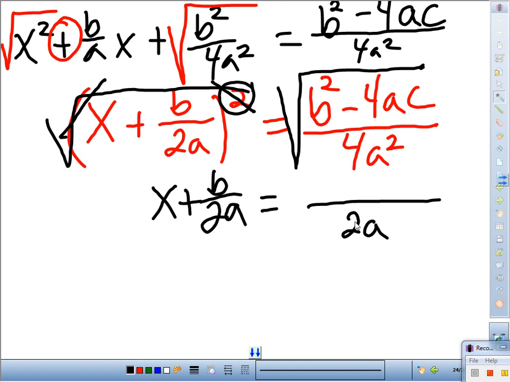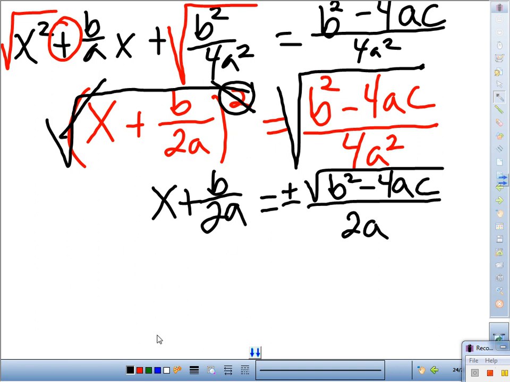To indicate that I did it for the denominator, I'm going to put plus minus, but I'm going to indicate that I couldn't do it for this one by writing the square root of b squared minus 4ac. Hold on. Once again, I was able to take the square root of the denominator, but not the numerator, but I needed to indicate it, yes?